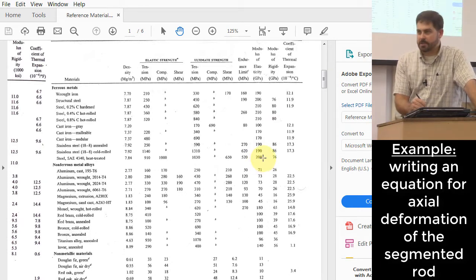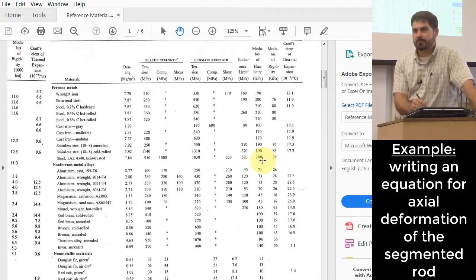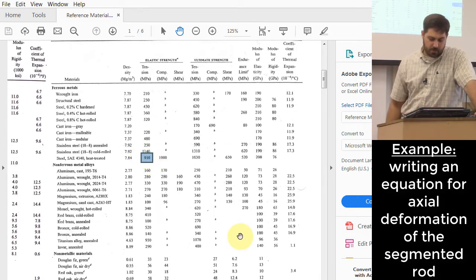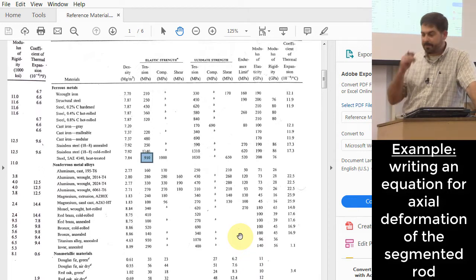What's the strongest of those? That 4340 heat-treated steel is pretty strong, isn't it? How do you know? See this value right here? That's pretty high relative to some of your other steels, right?